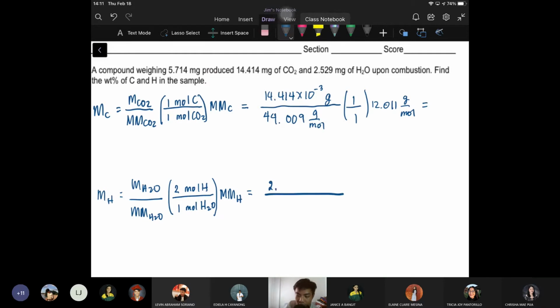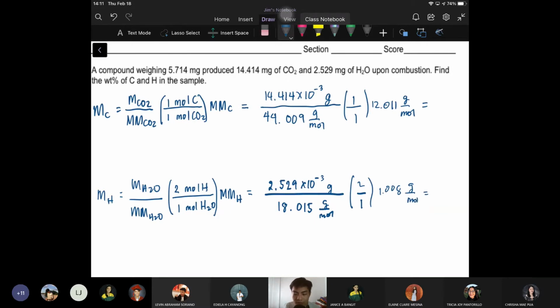To convert that easily into grams, lagyan mo na lang ng times 10 raised to negative 3 grams. Molar mass ng water, ito na yung gagamitin nyo rin. So, pakinote na lang, 18.015 grams per mole times 2 over 1 times the molar mass of hydrogen, 1.008 g/mol.